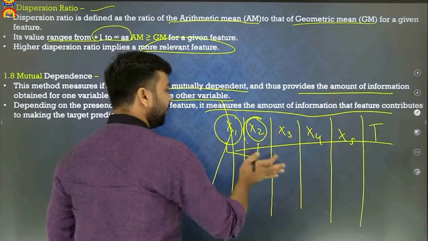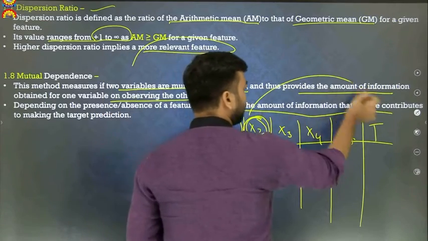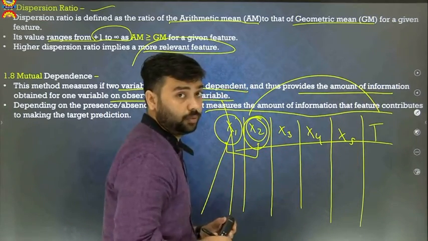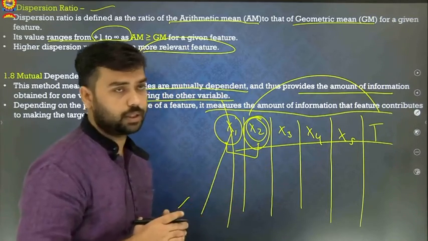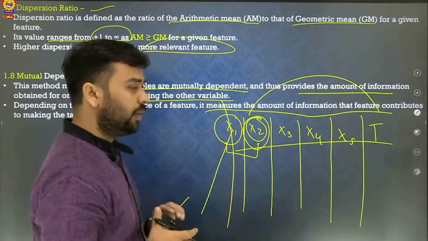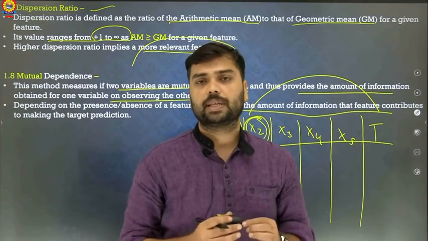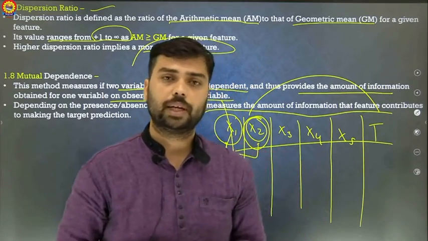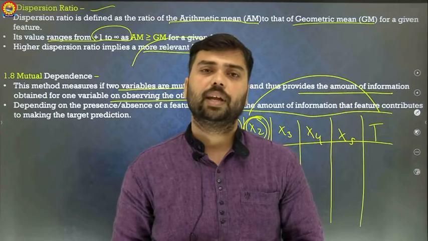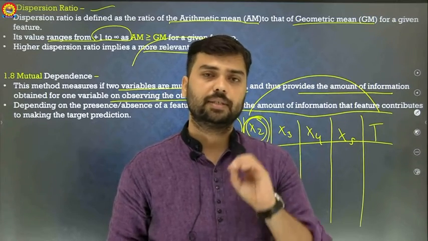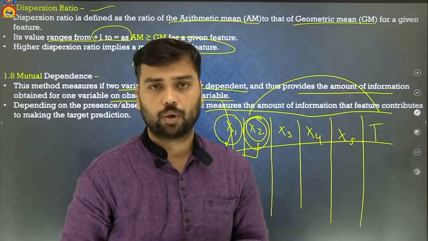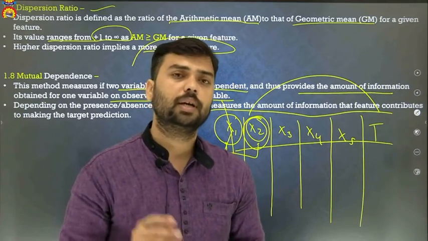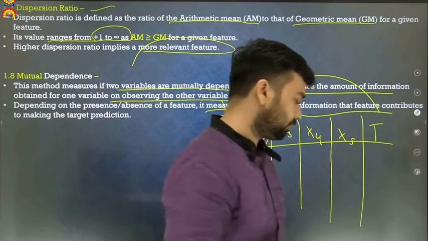Now when we change x2, we check what is the effect on the target value. In this, we identify the mutually dependent features, and when we delete one feature and change the remaining features, we observe the changes in the target value. On the basis of that, we choose the subset of the features.